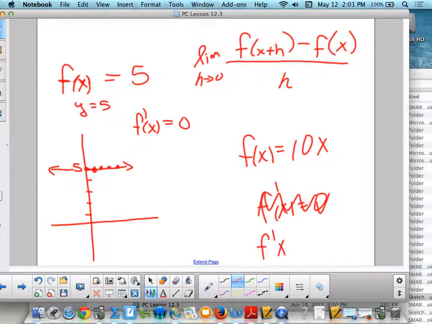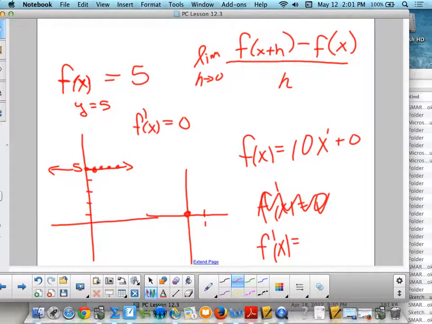Derivative of 10x. Because, first of all, it's a line, right? 10x plus 0, so the y-intercept is 0.